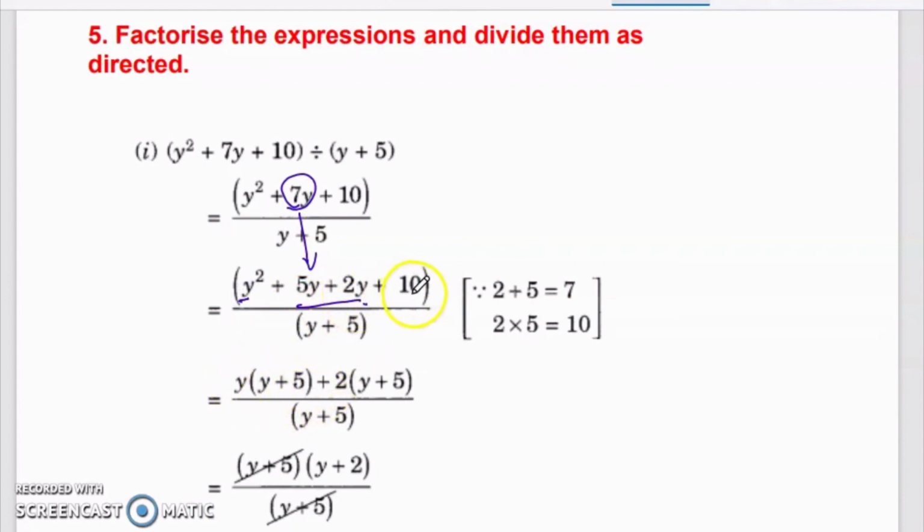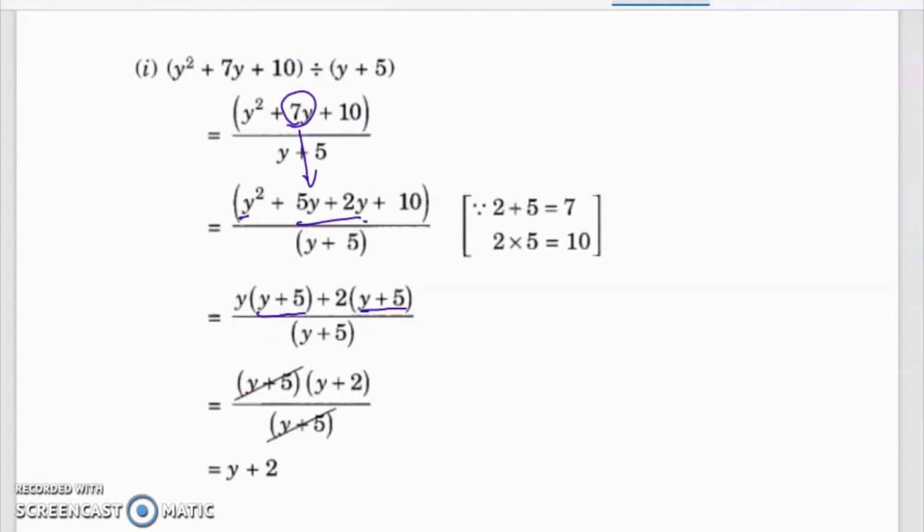Then between 2y and 10, I can take 2 common. So I'll get 2 into (y + 5). Then between these two groups, I've got (y + 5) common. So I'll take that outside: (y + 5) into (y + 2) divided by (y + 5). So I can cancel out (y + 5). And the answer will be y + 2.